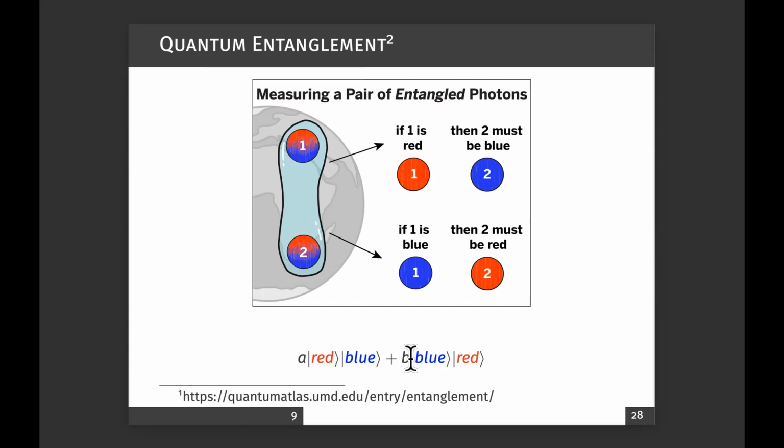Now, if you measure it and you get the first qubit as red, then automatically the other qubit collapses to blue. And in the same way here. So that's entanglement.